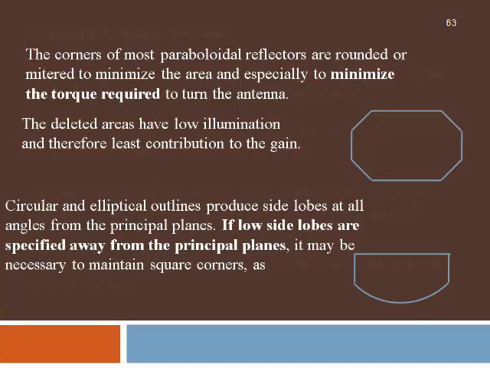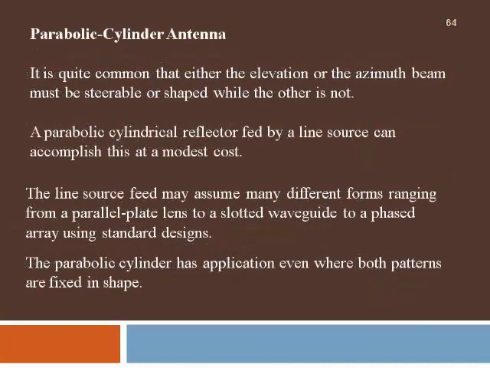Parabolic cylinder. It is quite common that either the elevation or the azimuth beam must be steerable or shaped, while the other one is not required for that. A parabolic cylinder fed by a line source can accomplish this at moderate cost.